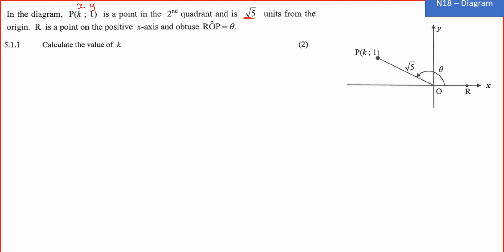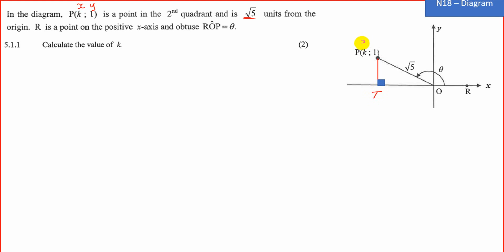The first thing we want to do is, if we look at the diagram, construct a right angle triangle. So I'm going to drop a line perpendicular to the x-axis, and that would produce a right angle triangle. Let's say, for understanding purposes, we call this point T. So we have triangle OPT, which is a right angle triangle.